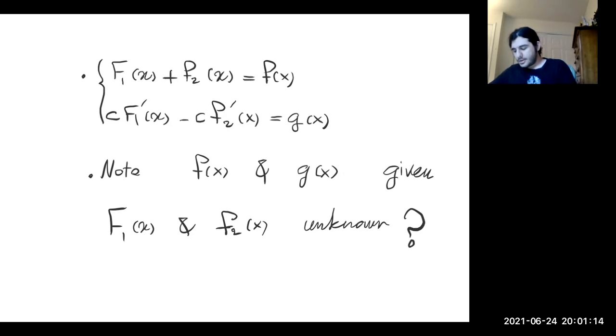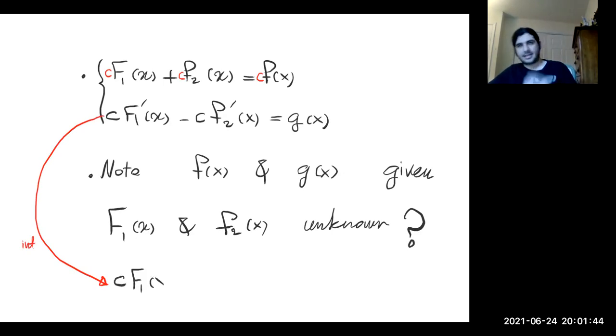Okay. So let's multiply the first equation by the constant c, and let's integrate the second equation with respect to x. We would have c f1 of x, applying the antiderivative, minus c f2 of x, since it cancels the derivative.